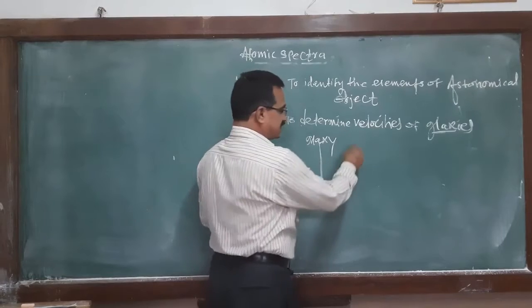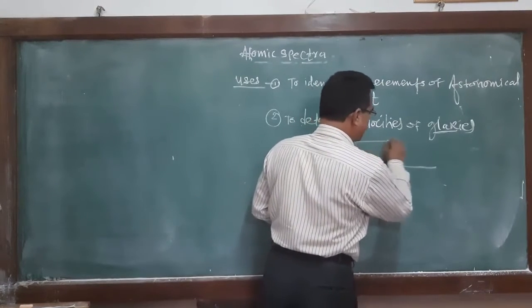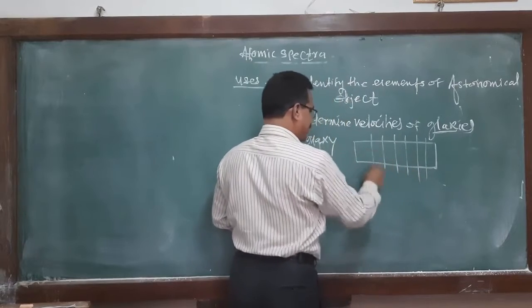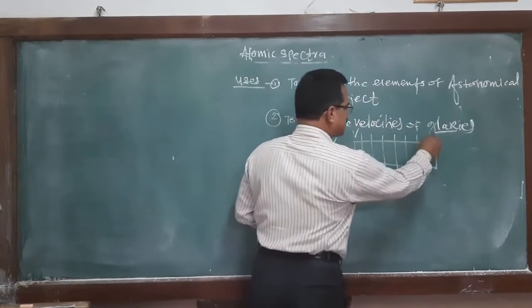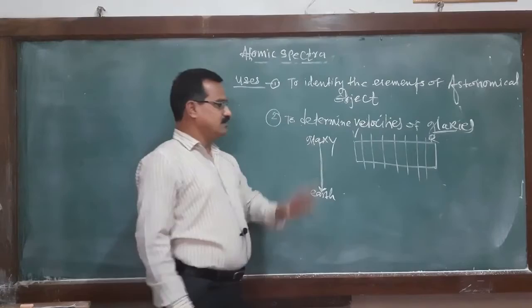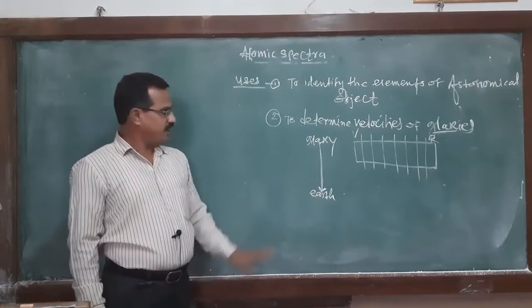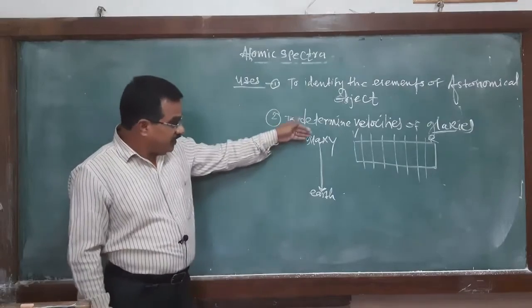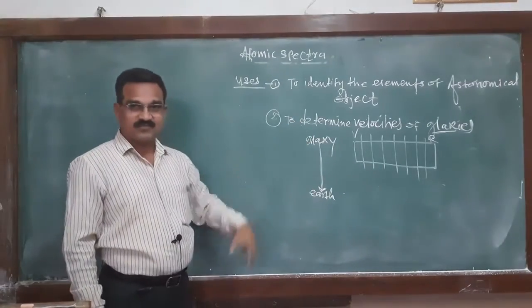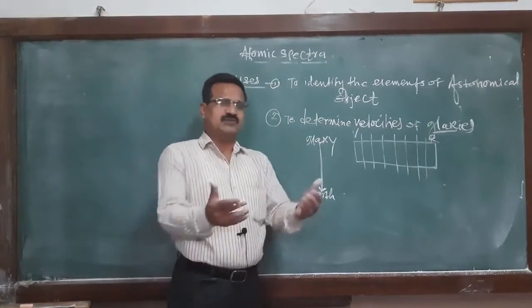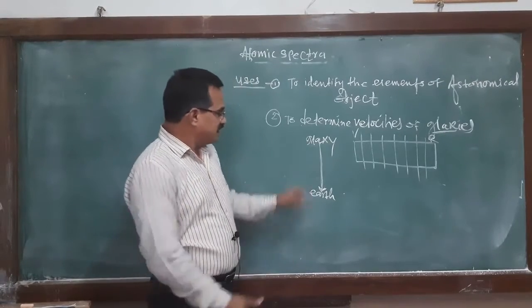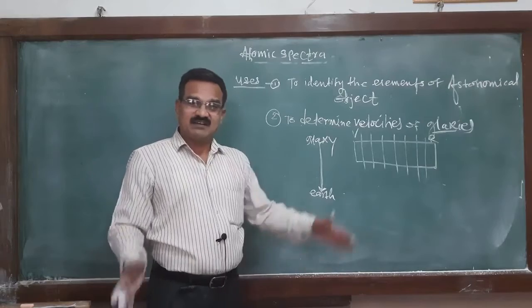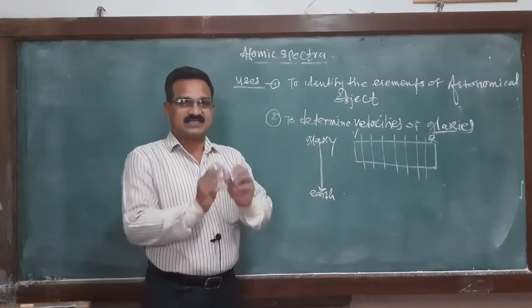Suppose this is the standard spectrum that contains the different lines, here a violet and here a red, when the galaxy is stationary. But when it moves towards us, the distance decreases, meaning the wavelength decreases.